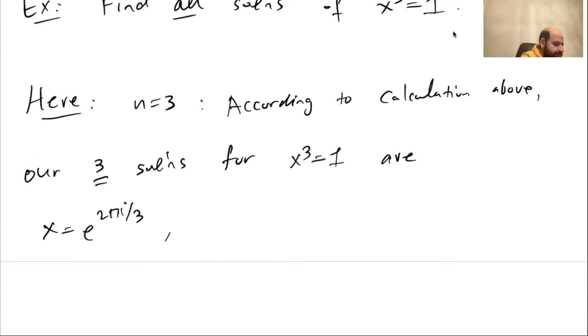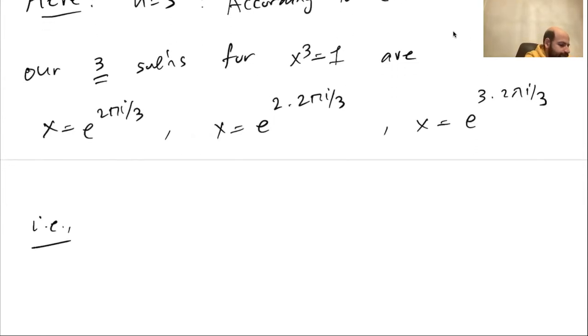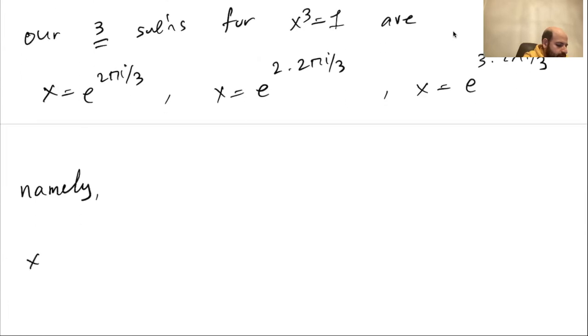x equals e to power 2 times 2 pi I over 3, and x equals e to power 3 times 2 pi I over 3. Now, if you want to simplify these 3, namely x equals, so this one e to power 2 pi I over 3, we know that e to power I theta is cos theta plus I sine theta.